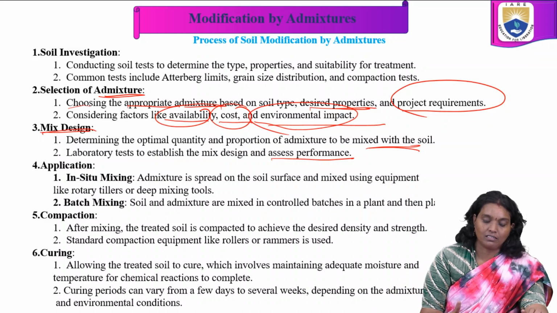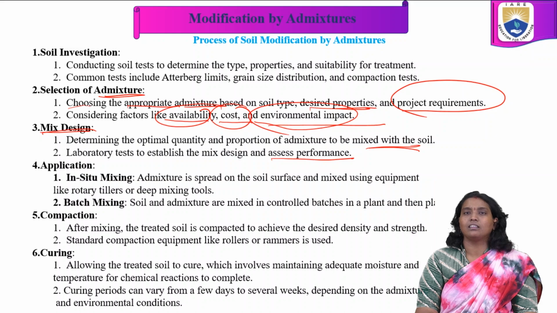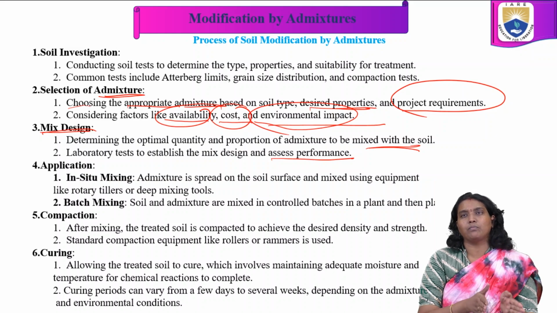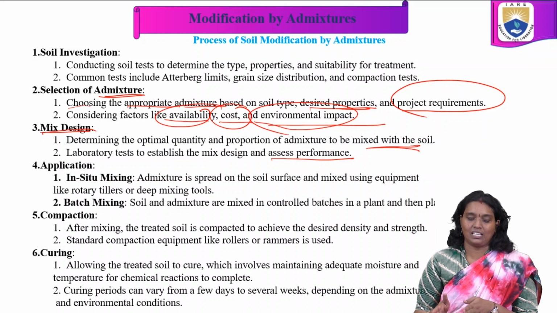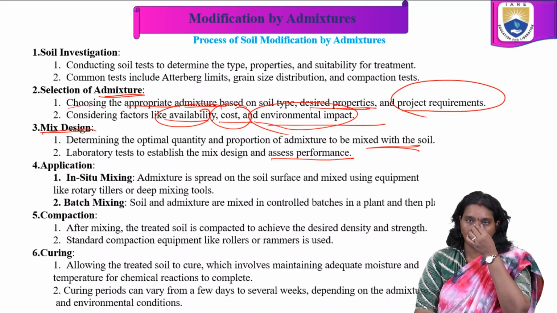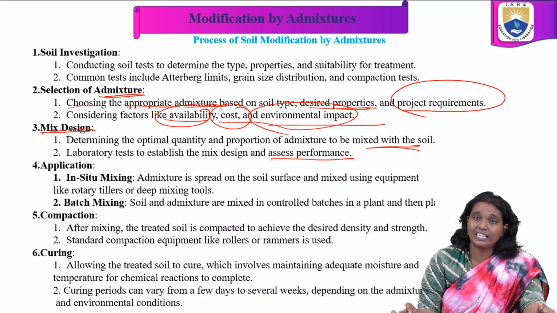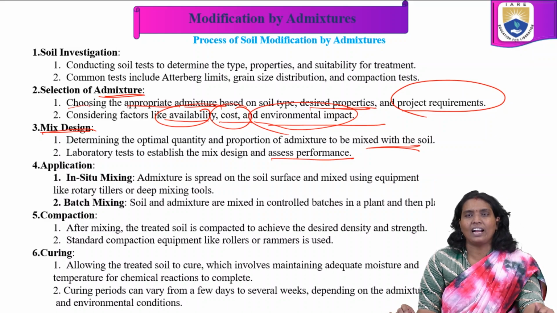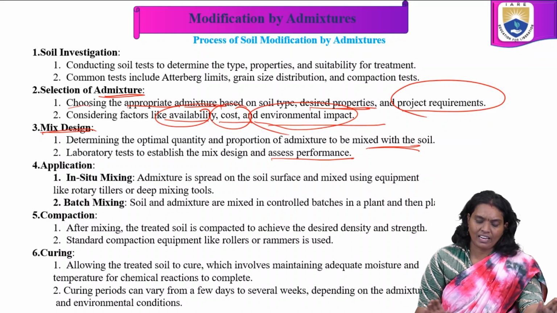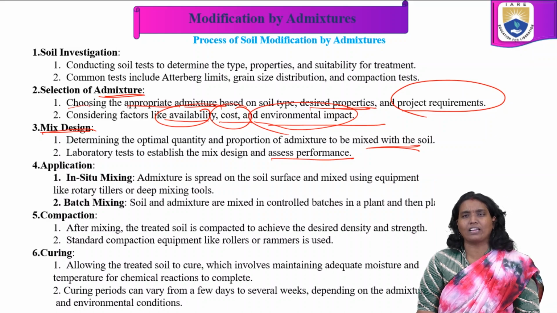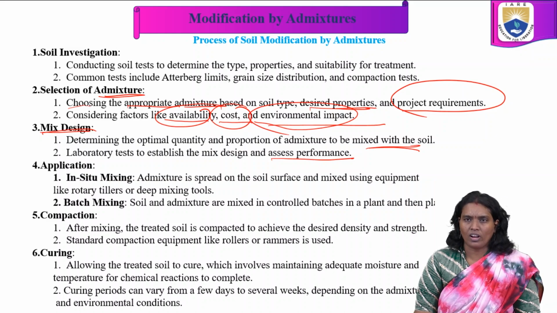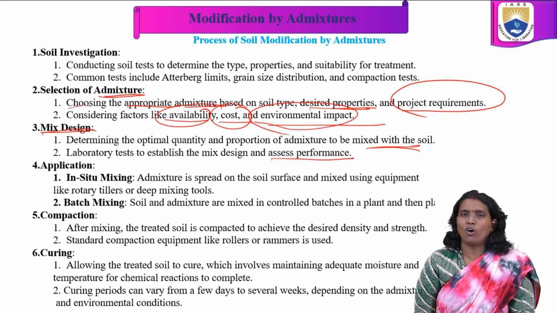After understanding the mixing, we move to our next step, the compaction. After mixing, the treated soil is compacted to achieve the desired density and strength, using standard compaction equipment like rollers or rammers. The next one is curing.